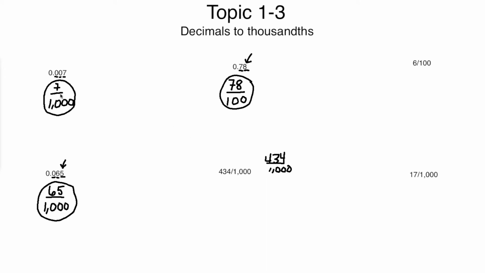This means 7 divided by 1,000. This one means 65 divided by 1,000. This means 78 divided by 100. So, how would you write 434 over 1,000 as a decimal? Go ahead and push pause.